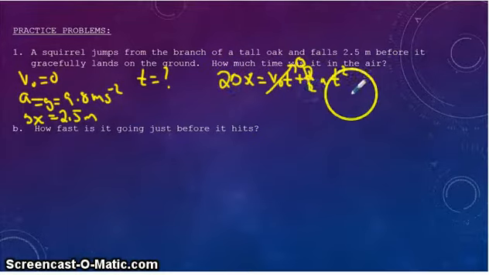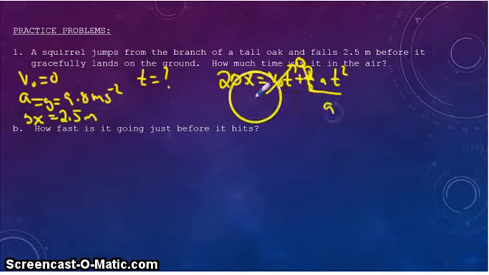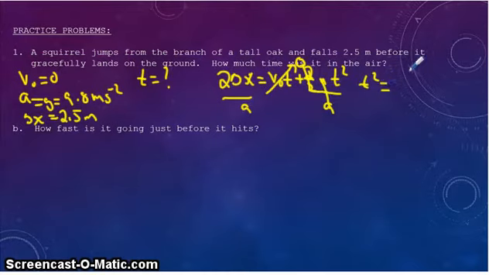That cancels out the 1/2, and then divide by a. So I get t squared is equal to 2 times my displacement divided by my acceleration.